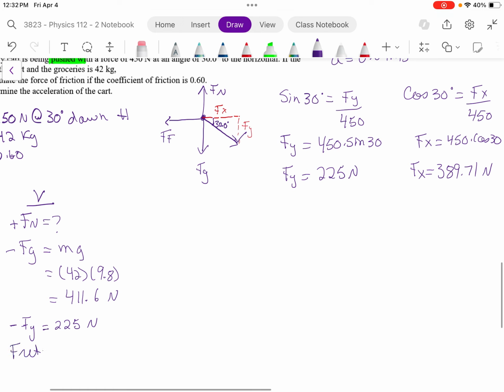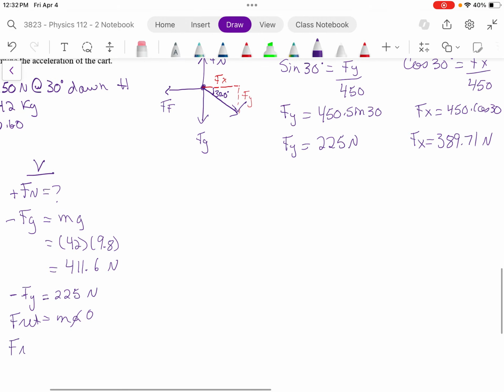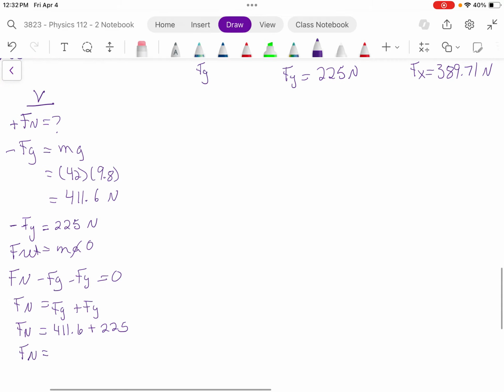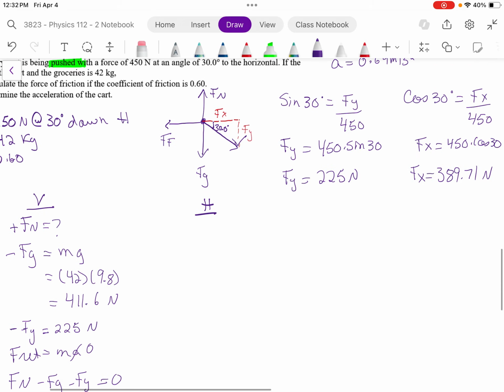And so F net equals MA, where A is 0. So Fn minus Fg minus Fy equals 0, which means that Fn is equal to Fg plus Fy. So Fn is equal to 411.6 plus 225. And so we have a normal force of 636.6 newtons.